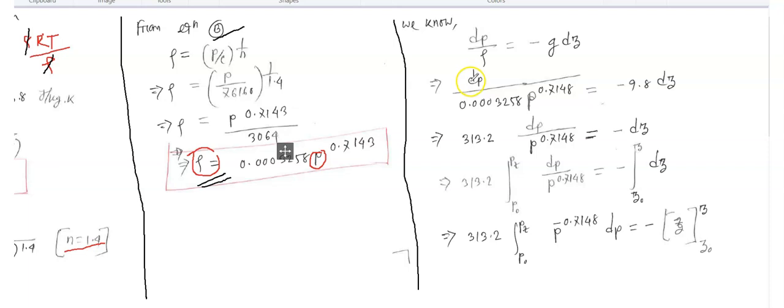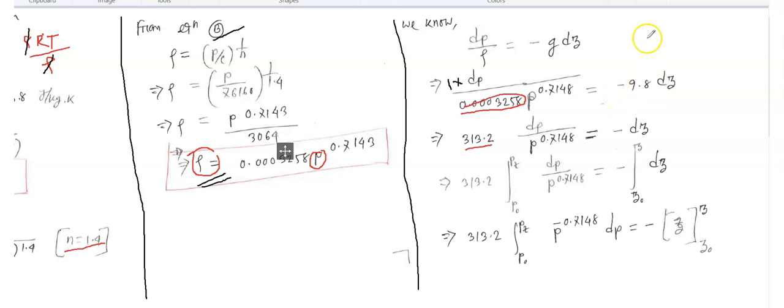Now here, nothing means we have a multiplication of 1 into dP, right? So if I do some calculation, 1 over this value, we will get 13.2, and then dP over P to the power 0.7148. One more step is needed here, but I believe this is a very simple calculation.